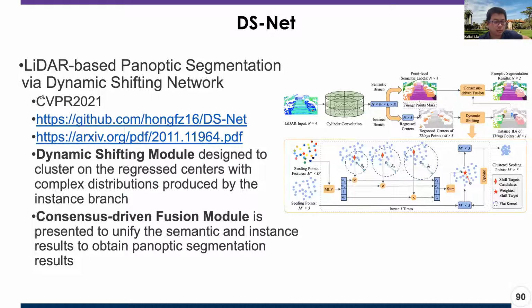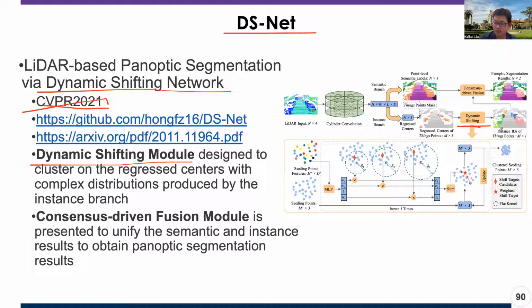Okay, another new approach from last year, CVPR 2021, is called DS-Net. What they do is use a dynamic shifting network, based on the dynamic shifting module. The dynamic shifting module is actually at the output. You already have this regression center. It's similar to post-processing.